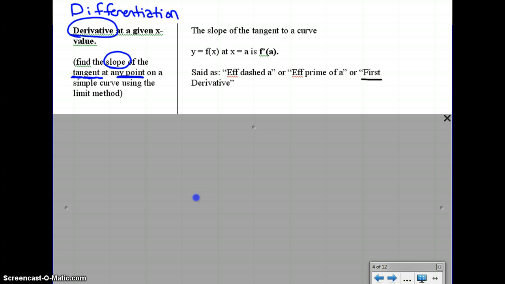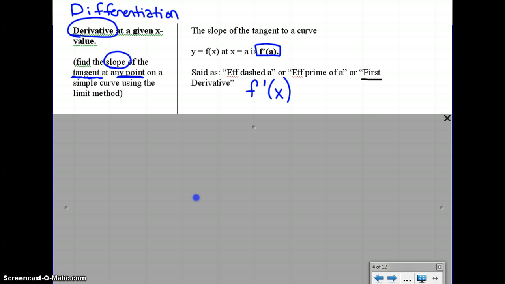A derivative is written as f with a little apostrophe, and then you put your x value, obviously that's function notation, but with an apostrophe. Out loud, this is how your book and also IB in general likes to pronounce it: f dashed, or f prime, or first derivative. They all mean the same thing as f with the little apostrophe, and then of course whatever the x value is that you plug into your function.